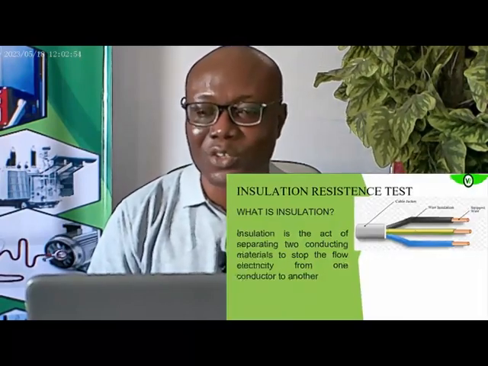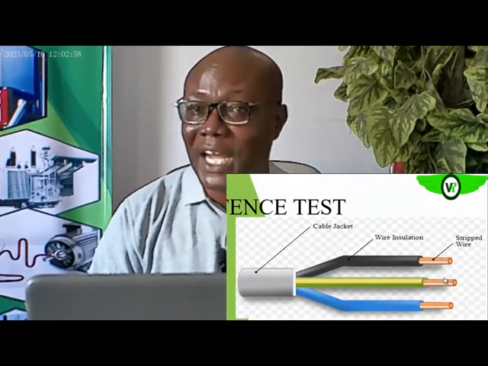Basically, it is done to guide the flow of electricity through a predetermined path, that is, through the conductor only, and through a particular conductor within the system. Okay. So, like what you can see, this is a conductor, and this conductor is the only active part in this cable.